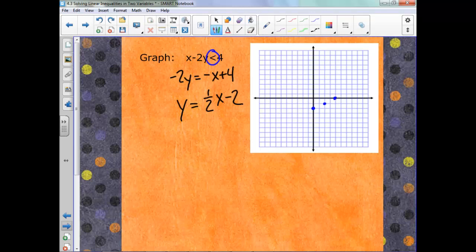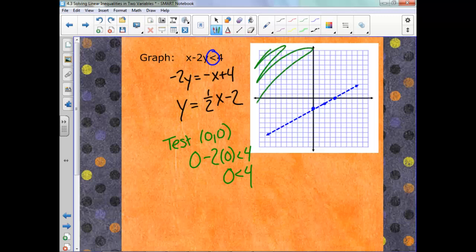Notice it's going to be dashed. So we've got our dashed line. Test our point once again. I'm just going to go with 0, 0. It's the easiest to test. So 0 less than 4. That's true. So we shade this side of the line.